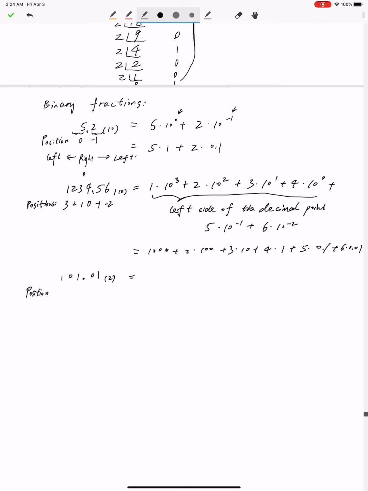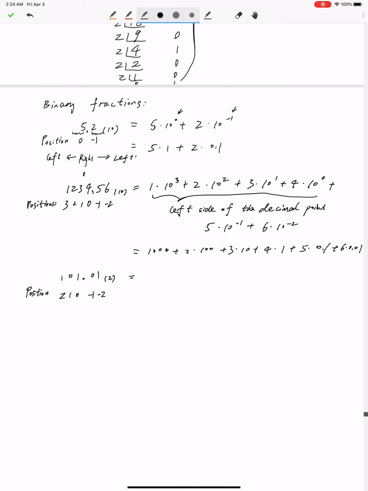We start from the right to the left and starting from 0. So the positions of digits on the left hand side of the decimal point are 0, 1, 2. And for the right hand side of the decimal point, the positions are -1 and -2.